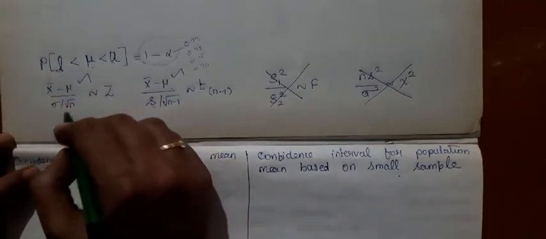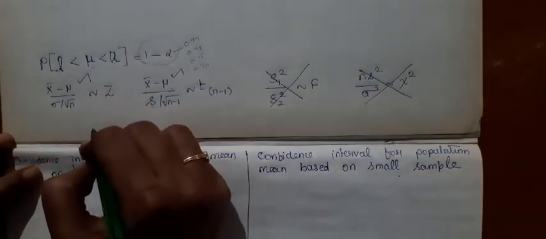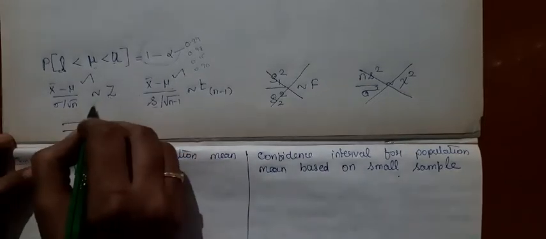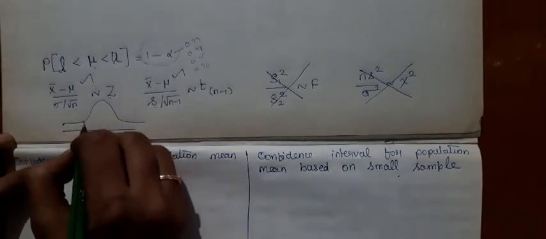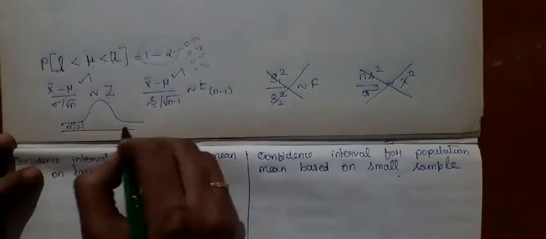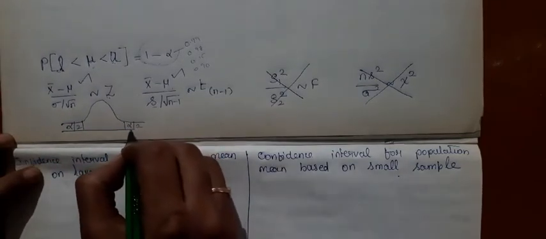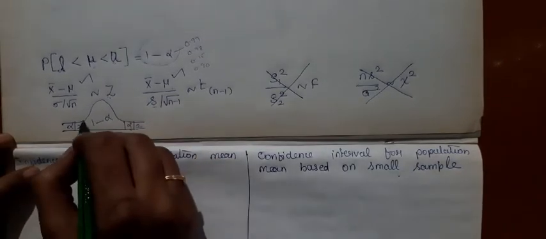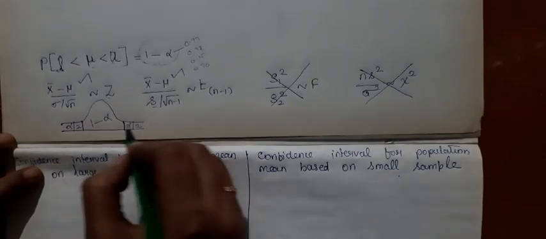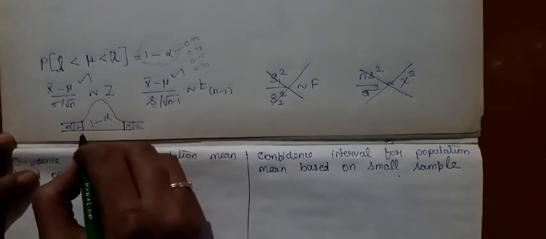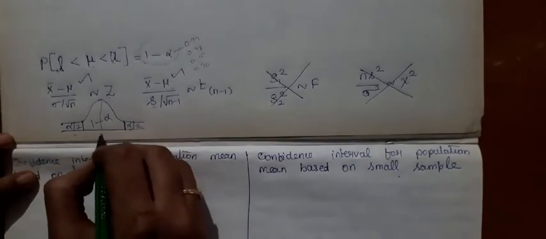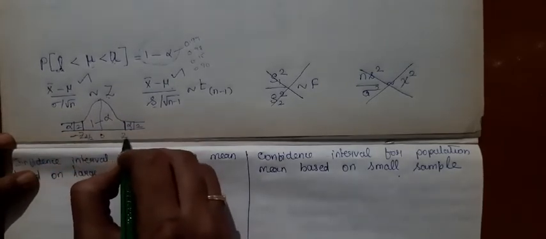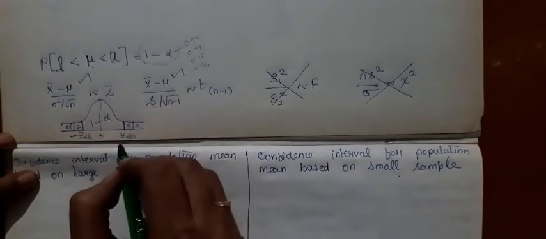Now we are going to use this when the sample size is large. Here the distribution is standard normal, which we know is a symmetric distribution. Alpha is the level of significance, the probability of type 1 error, and this remaining value is 1 minus alpha. We split alpha into alpha by 2 and have it at the tails. So this is a symmetric distribution, so this will be minus z alpha by 2 and this value will be identified as z alpha by 2.